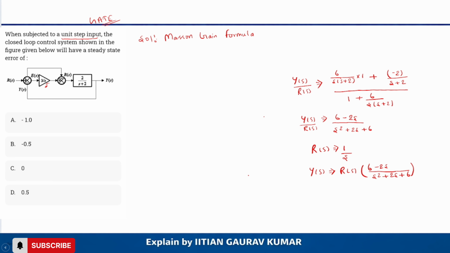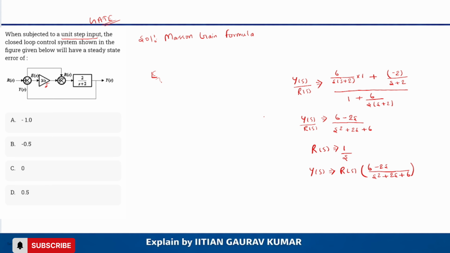Okay, so now Y of s is equal to this, and we can write it like that.